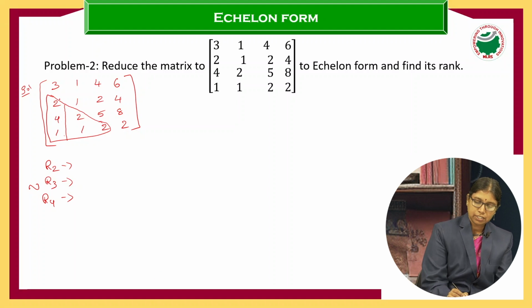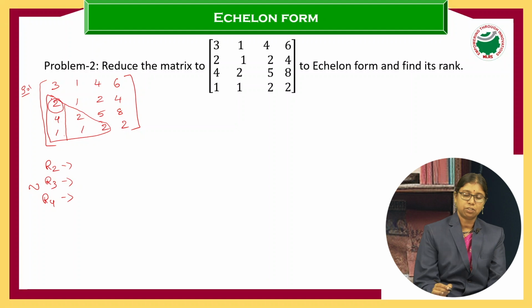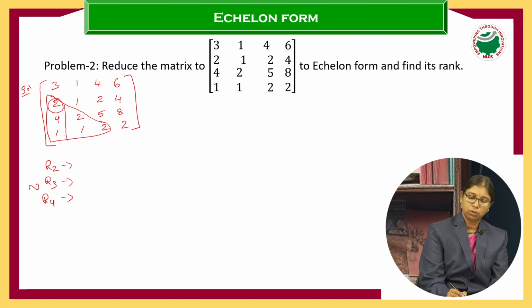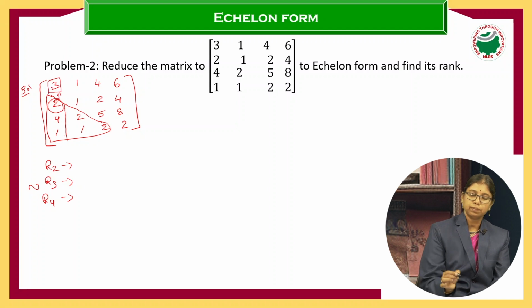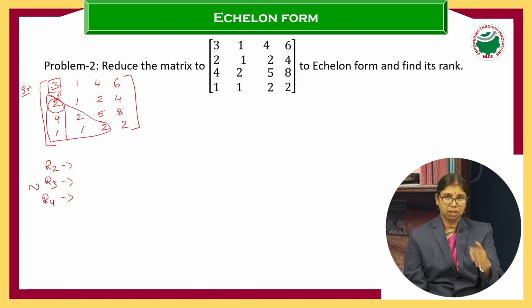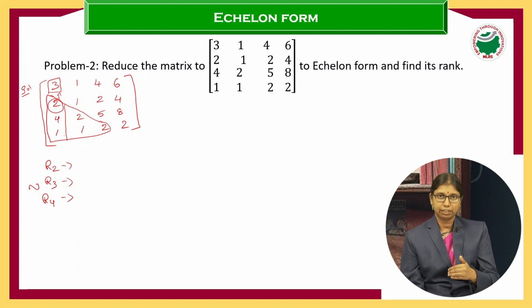Now see, first I'll see second row first value 2. To convert this 2 value to 0, the corresponding value in the first row is 3. So how can you get the same value? Only if you get the same value in both the positions will you get 0.